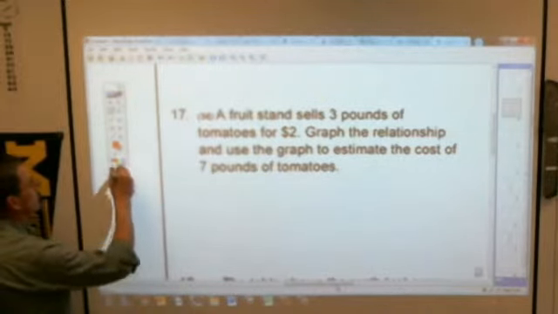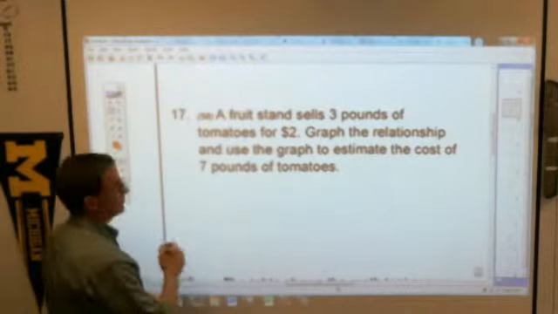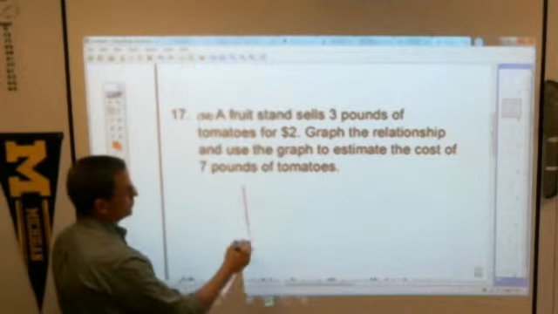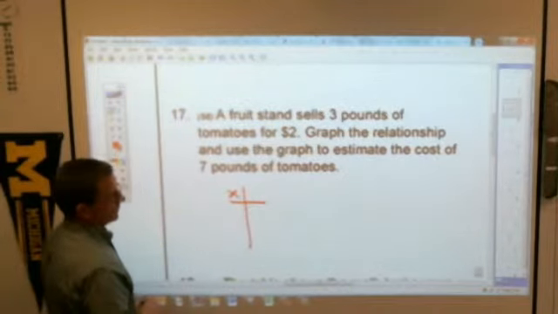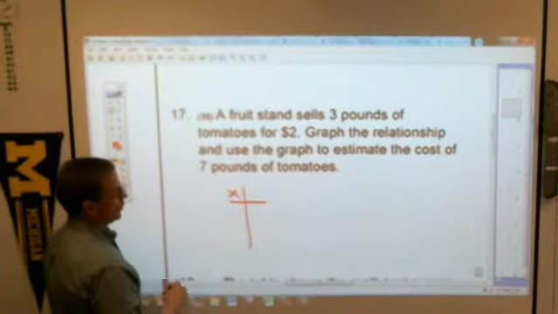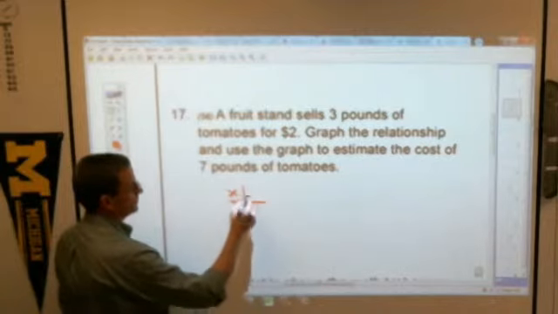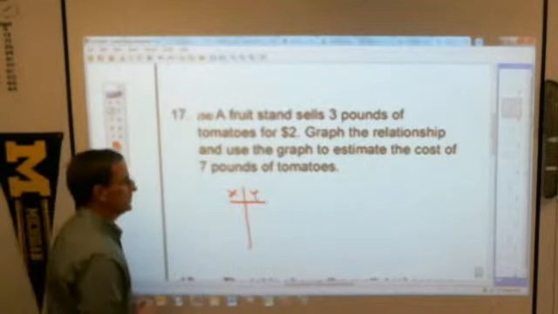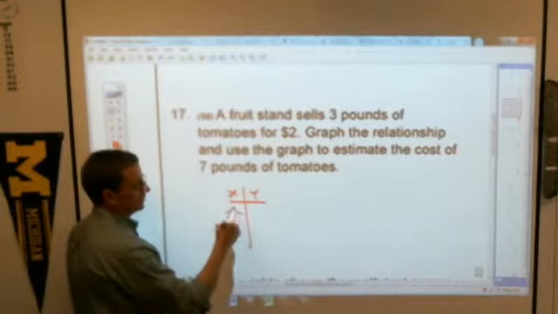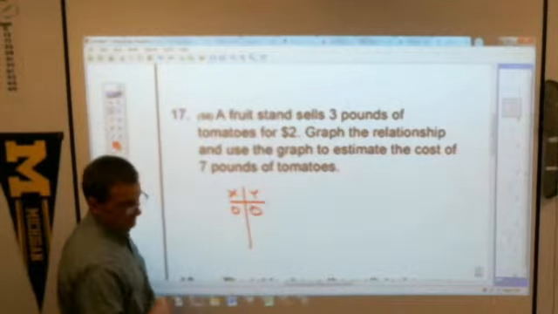Well, here's your thought, sir. This is what I would do. The cost of tomatoes, 3 pounds for $2. If you are graphing that, first of all, 0 pounds would cost $0, right?